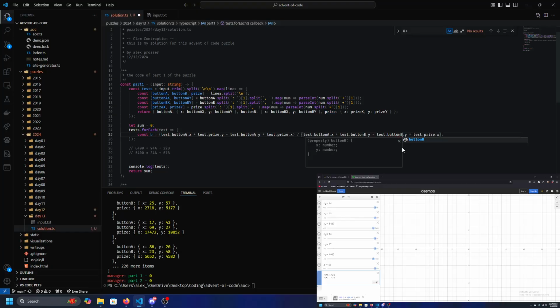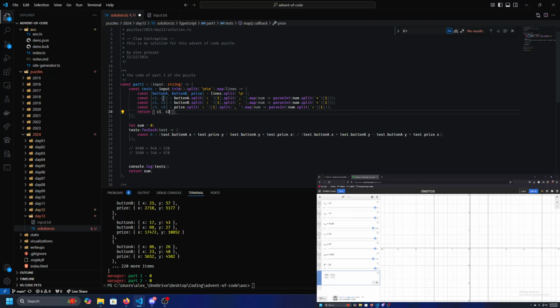This should, oh wait, this is the wrong one. This is, okay, hold on. Let me write. I'm just gonna do this because ain't no way I'm getting these variable names right.